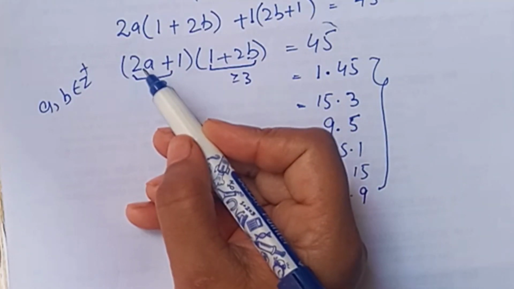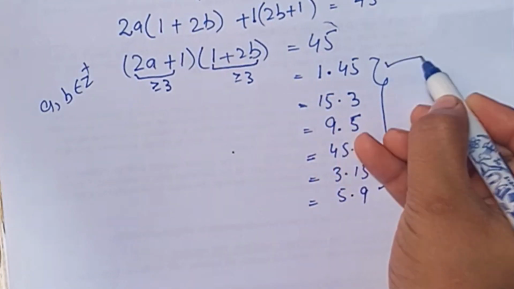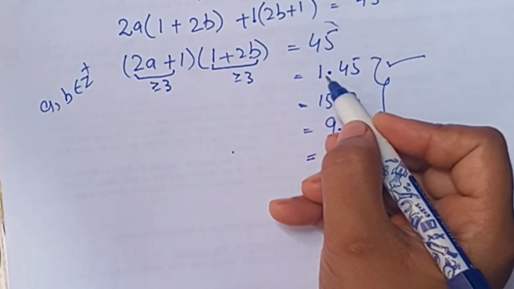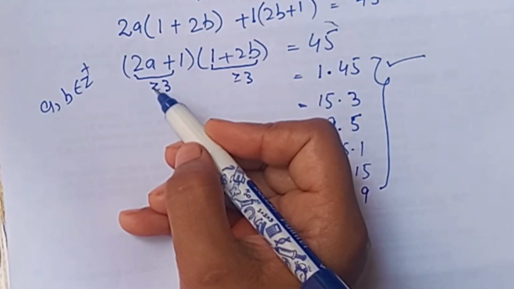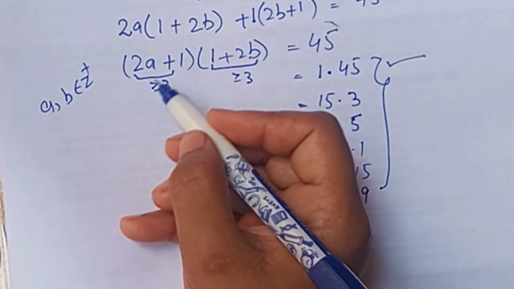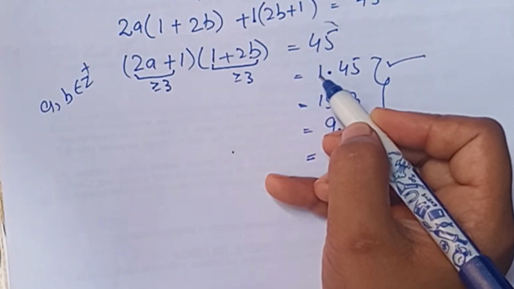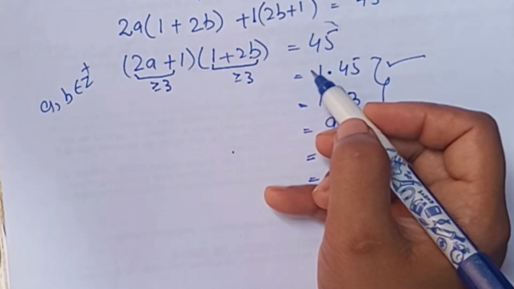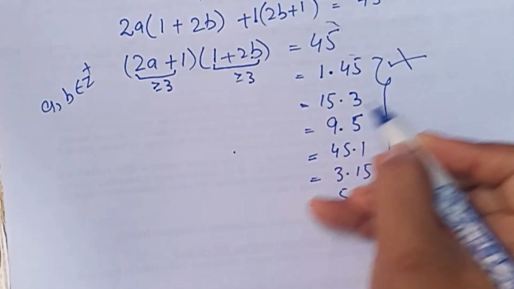This implies 2 times a plus 1, if we take the first factor, would equal 1. But we have already discussed that this part is greater than or equal to 3, and 1 is not greater than or equal to 3, so we cannot use this factor.